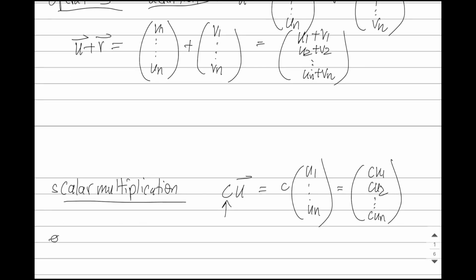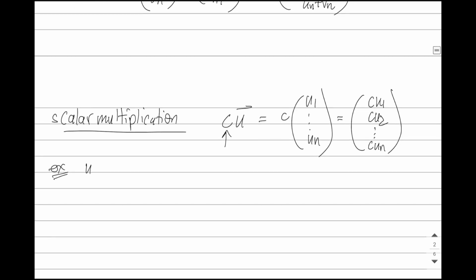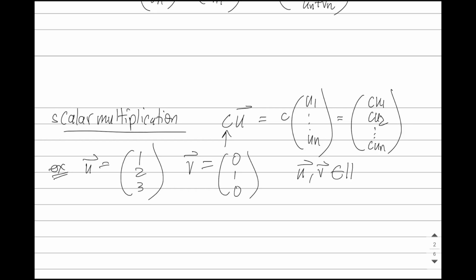Once we've got all of this, then it becomes pretty straightforward to compute things in an algebraic sense. So if u is the column 1, 2, 3, and v is the column 0, 1, 0, each of these vectors lives in what's called R3, the set of all vectors that have 3 components. If I ask you to compute 5u minus 2v, we can start using the definitions that we did above.